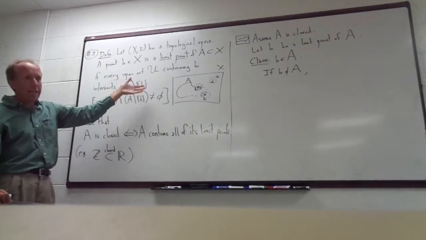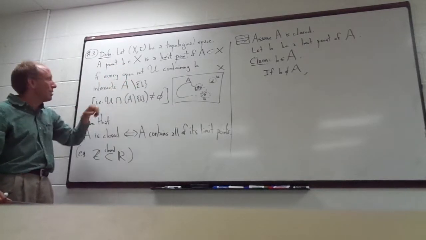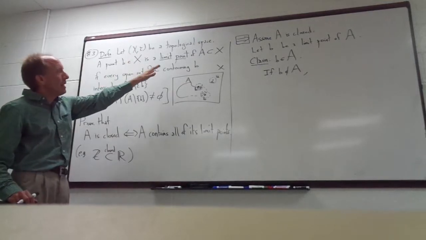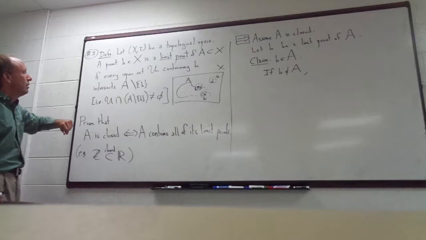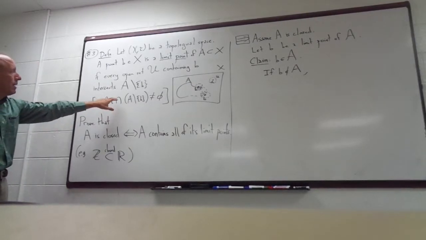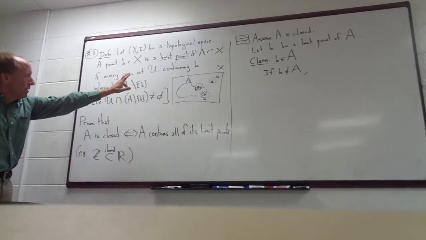So you're not really taking anything out of A that wasn't there to begin with. So it's just going to be A in that case. So let's just see what happens. Now, every open set containing B, right, so every time I have an open set U, if I intersect it with A, it's not empty.